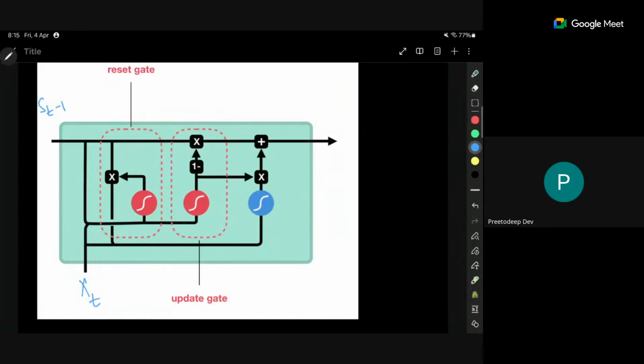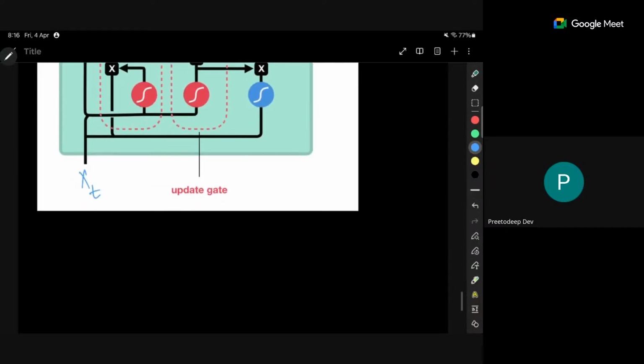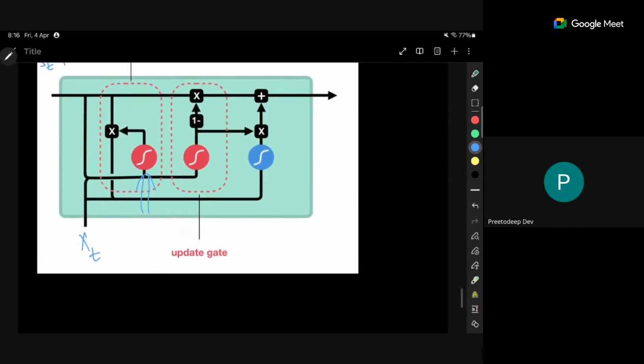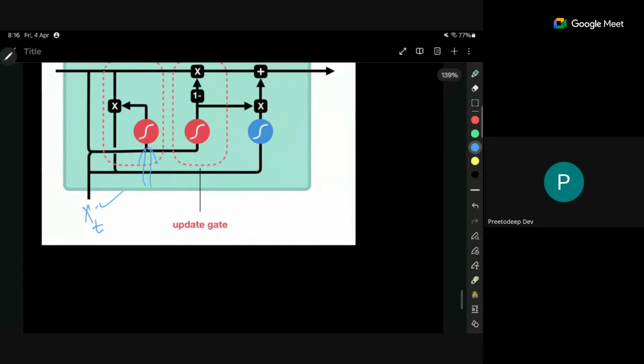So what do you think the first equation is? If I ask you, can you give me the equation of this reset gate? You need one weight for this input, one weight for that input, and one bias.